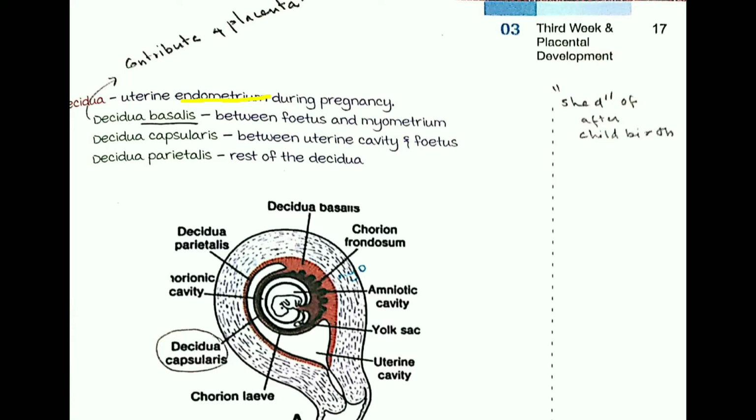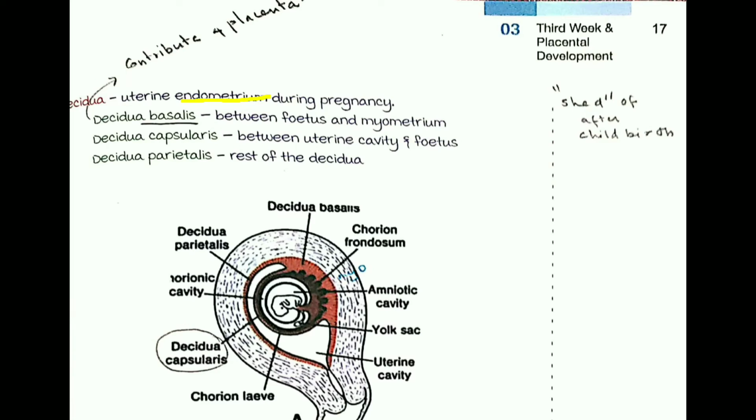Decidua is a term we use for a particular type of forest which, in some particular period, sheds off its leaves. So we compare the uterine endometrium during pregnancy to this and call it decidua, because after the pregnancy this endometrium will shed off, like after childbirth. That is why it is called decidua.